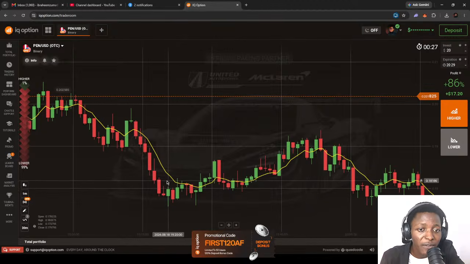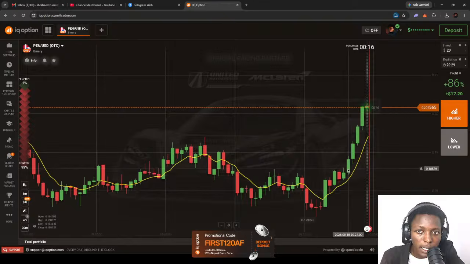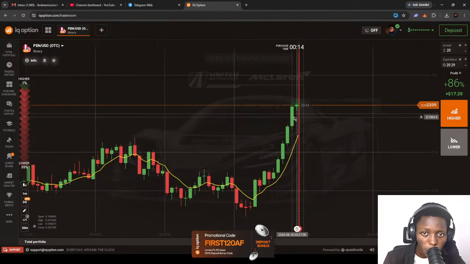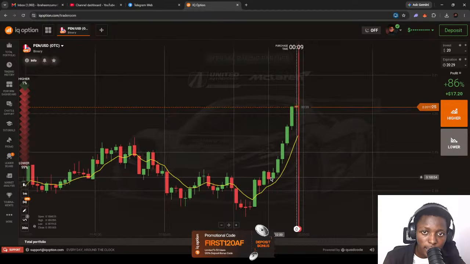And what the moving average 7 does is that it calculates this: 1 2 3 4 5 6 7. So it calculates from here to here, and then right now you can see that we have this 1 2 3 4 5 6 7.